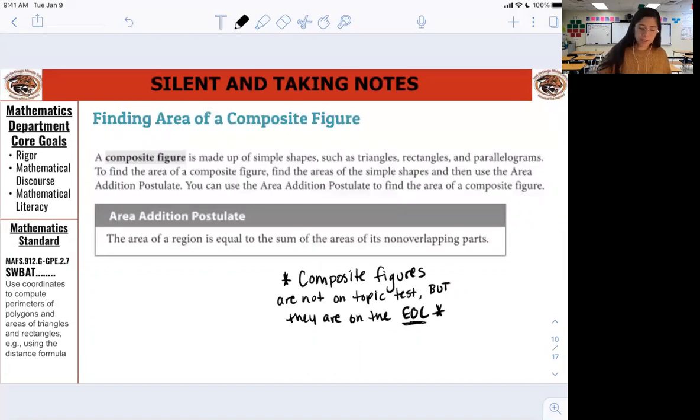What is a composite figure? Can I have a volunteer to read? Okay, guys, just somebody read, please. We always waste so much time with this.